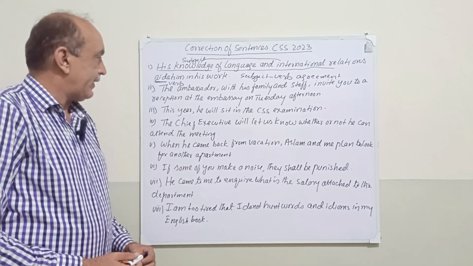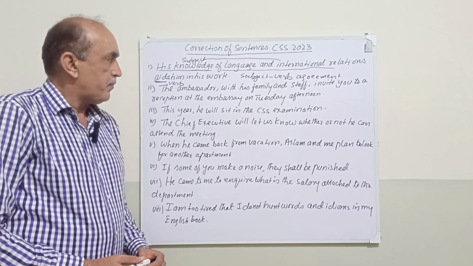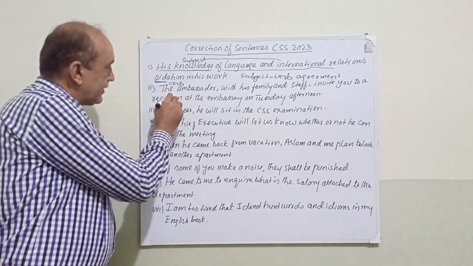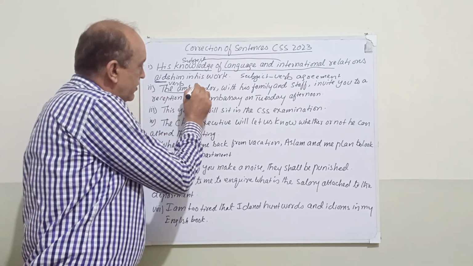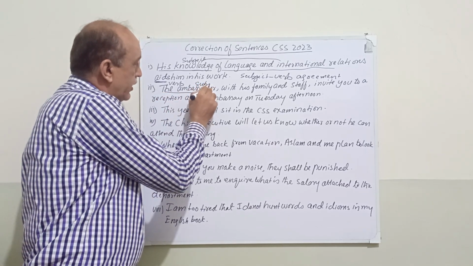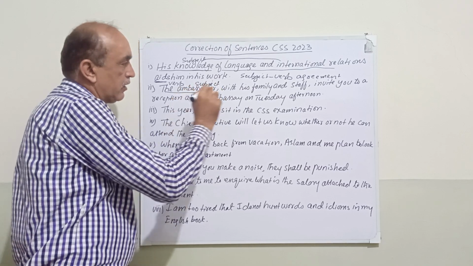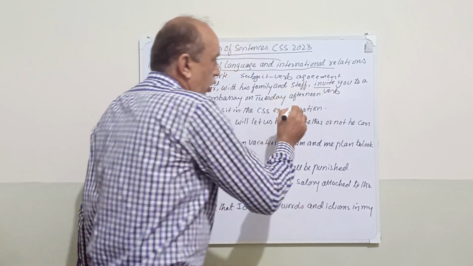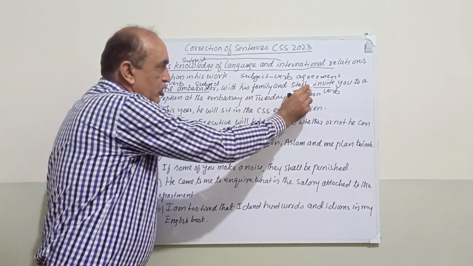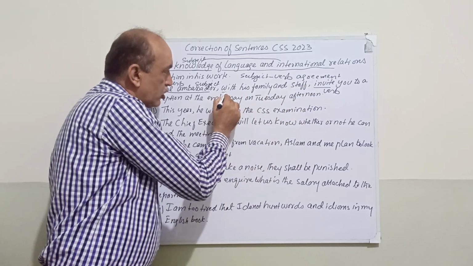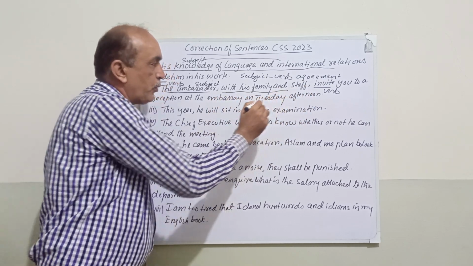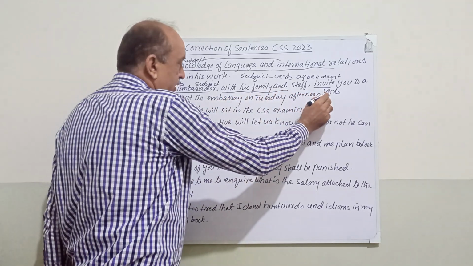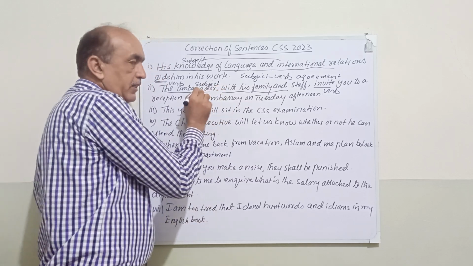The second sentence: the ambassador with his family and staff. This is the subject. Ambassador is the subject over here, and this is the verb. This verb is not connected with the phrase "with his family and staff", because the verb is related with the subject.